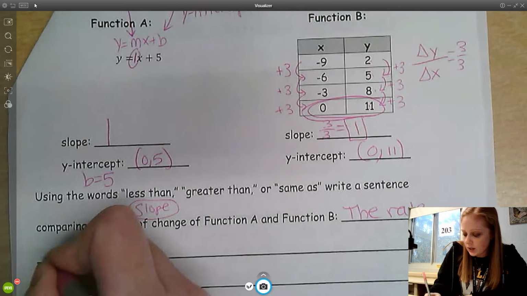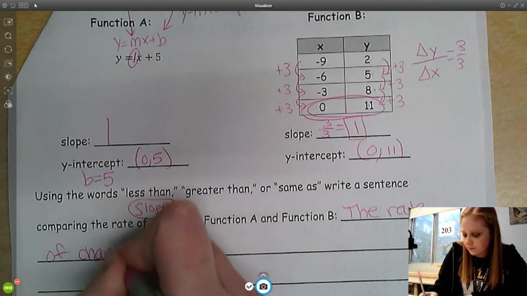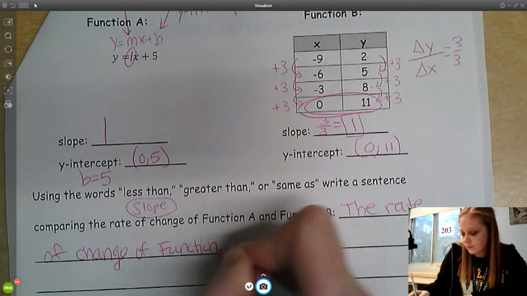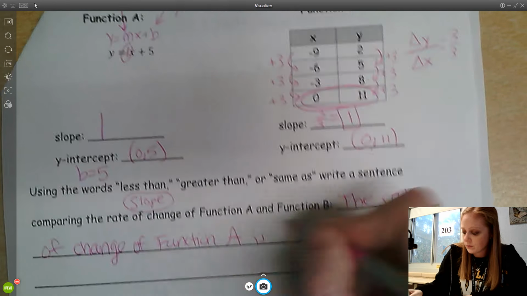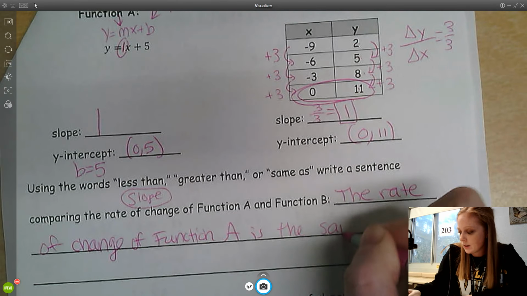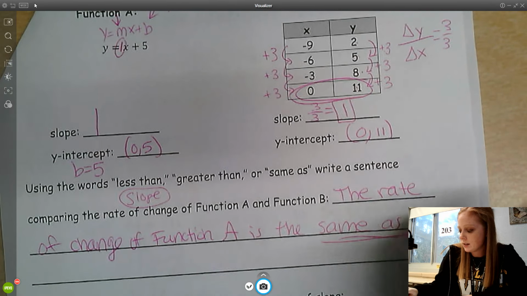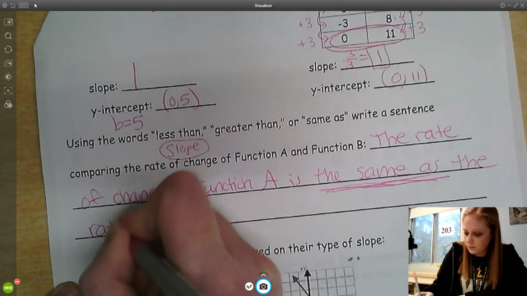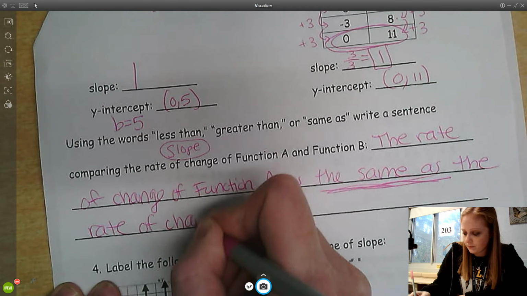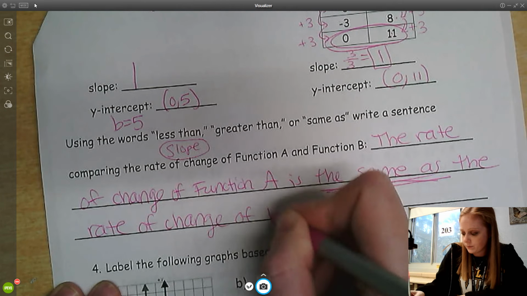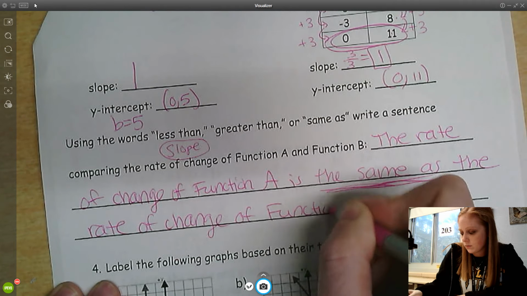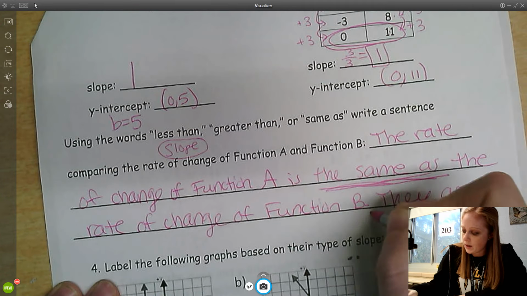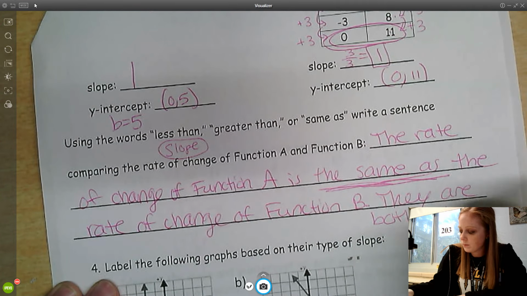The rate of change of function A is the same as the rate of change of function B. They are both 1.